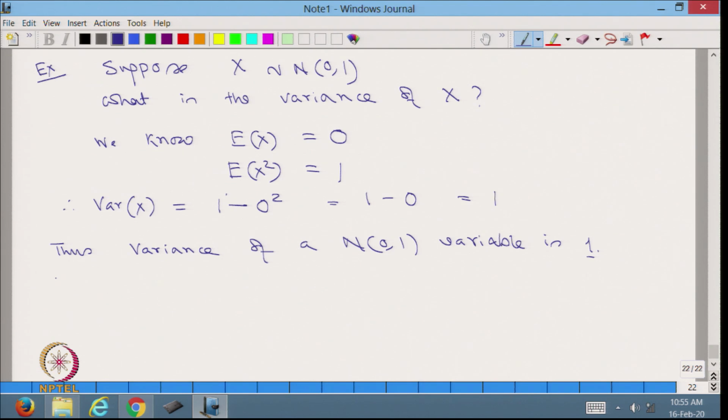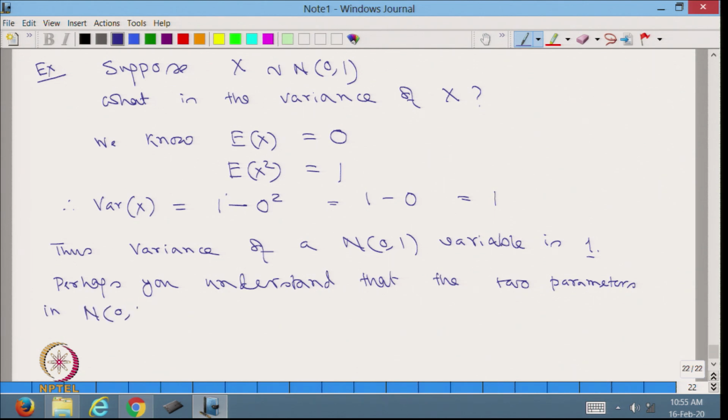Now, perhaps you understand that the two parameters in normal 0 1 are actually its mean and variance.